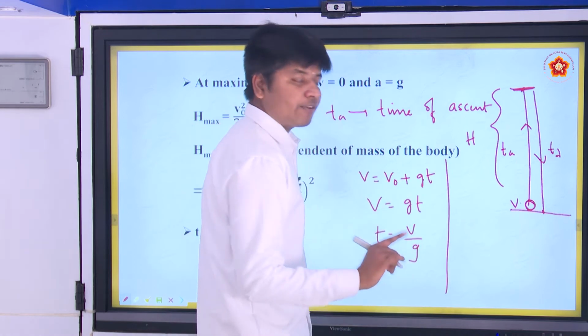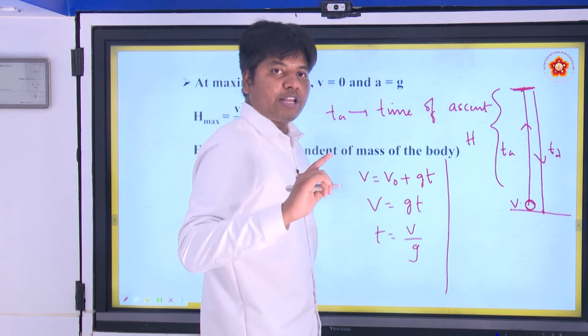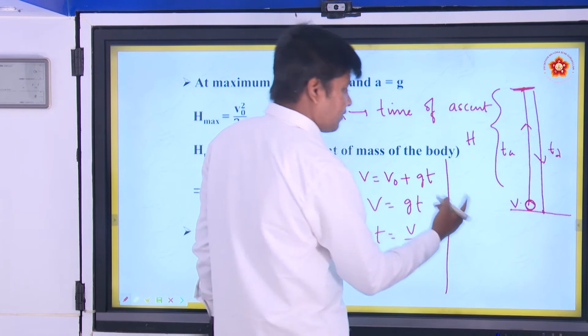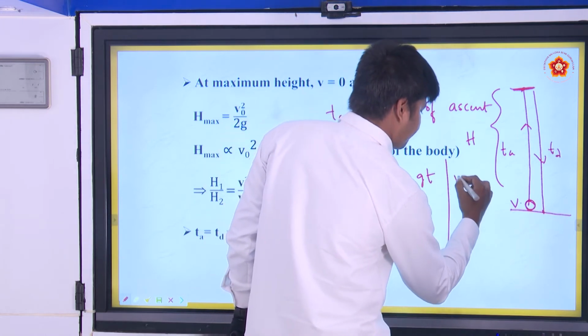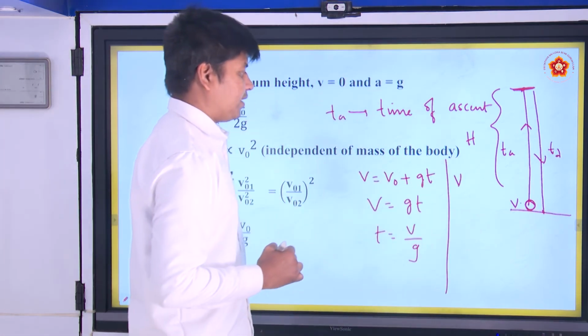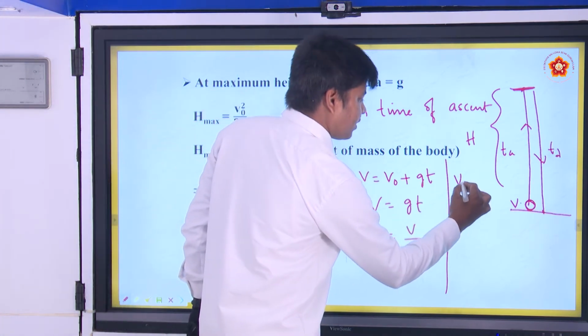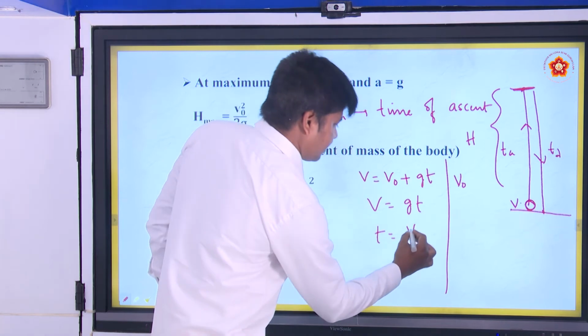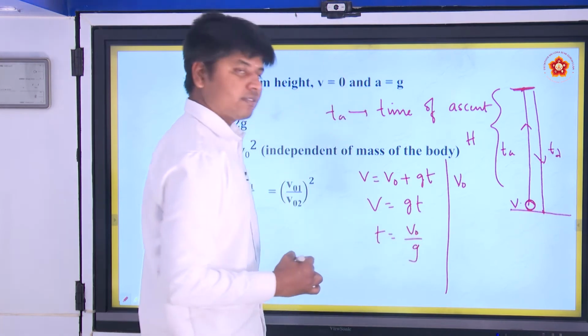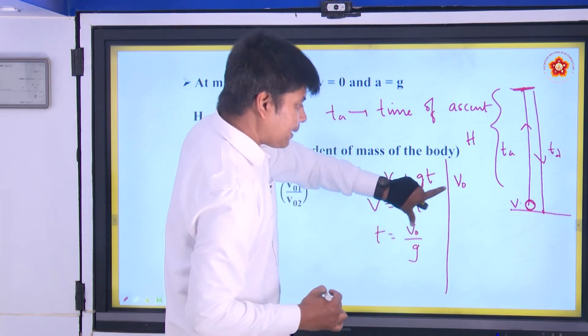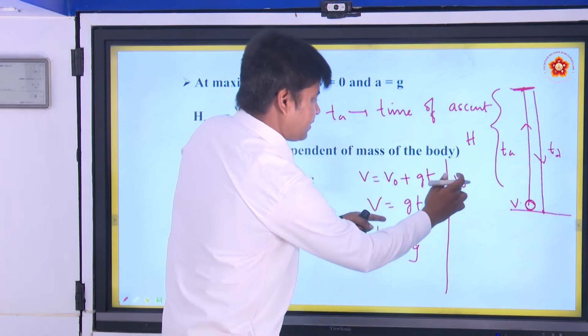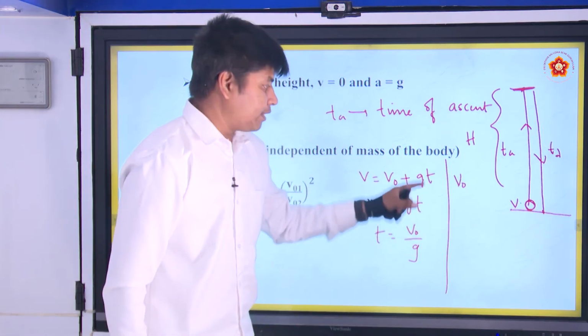So use the equation for the body vertically thrown up. The initial velocity there will be v, otherwise you can call it v0, because to make the magnitudes equal I am considering v0 in both cases.